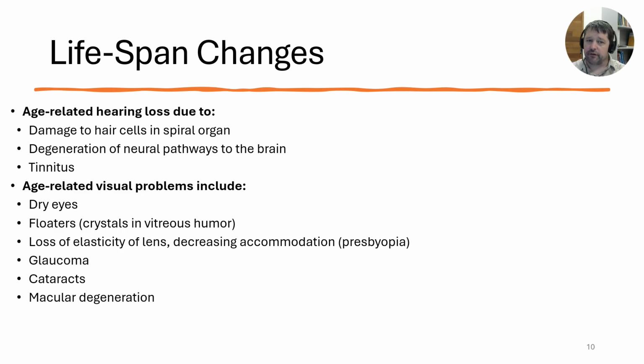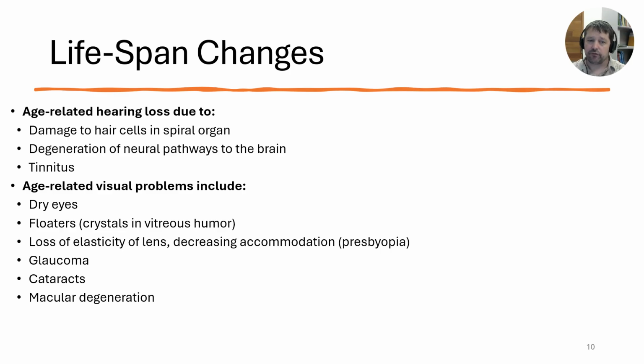Okay, we got age-related visual problems. We already talked about the hearing a little bit, but we get age-related visual problems. Of course, you can get other things that affect the lens, so you can get dry eyes that affect the clarity of the lens. You can get floaters, which are going to be crystallized, typically things that are related to like calcium carbonate, little teeny crystals that form in the humor or in that liquid-like substance, and they kind of just float around in there.